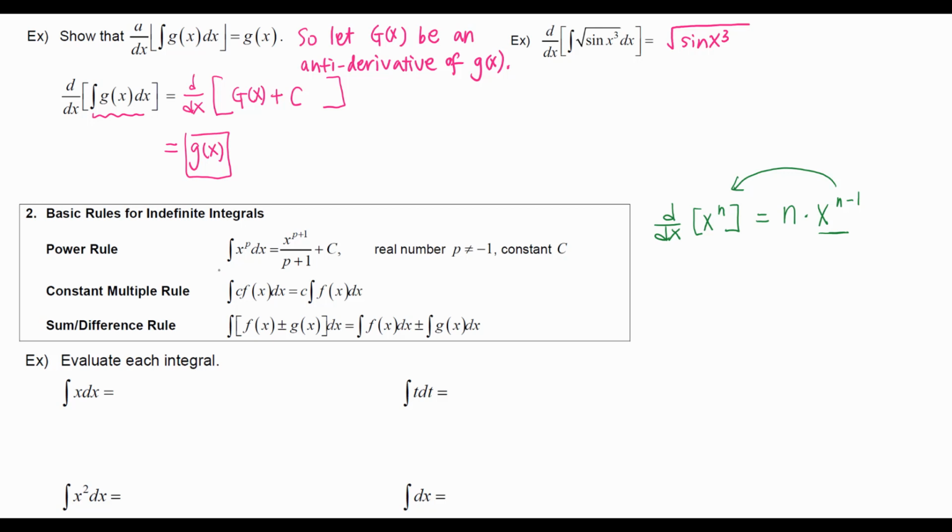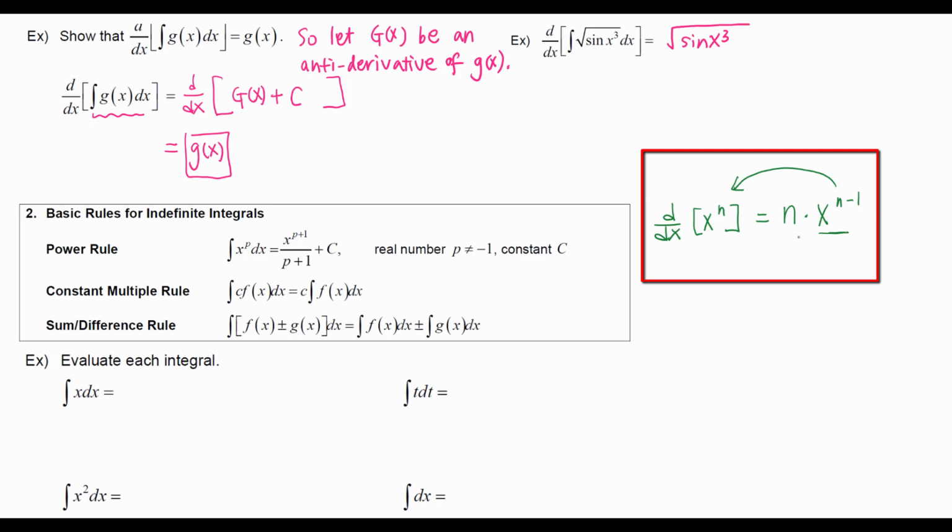So the rule for the integral of a power function, integral of x to the p dx: you can see I gain one power from the existing power, so it becomes x to the p plus 1 power. Make sense? Not only that, now go back to d dx of x to the n equals n times x to the n minus 1 power.